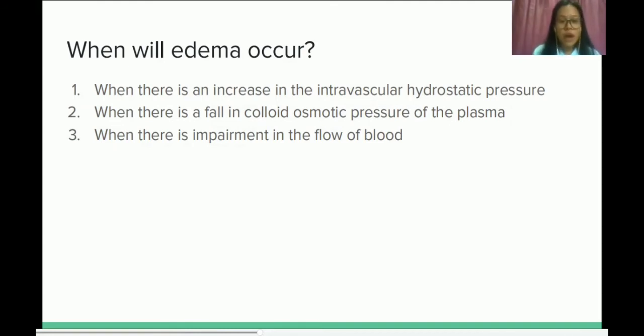Edema will also occur when there is a fall in colloid osmotic pressure of the plasma. This causes water and solutes to escape into the interstitial space from the capillaries. And for the next one, edema will occur when there is impairment in the flow of blood. Poor blood circulation usually results in the accumulation of fluid in certain parts of the body, and this usually happens in the legs.